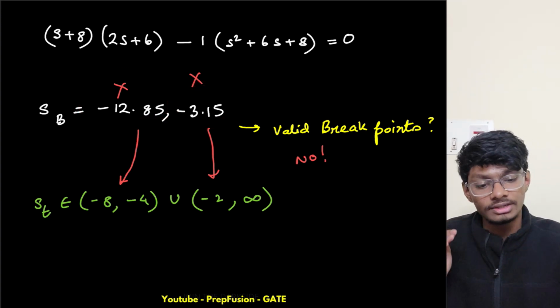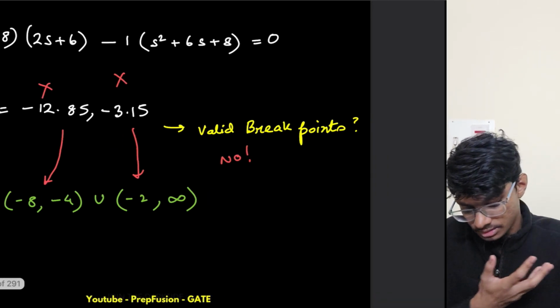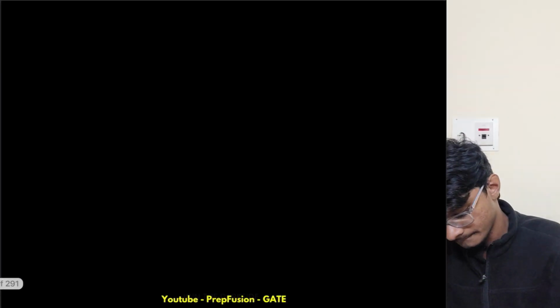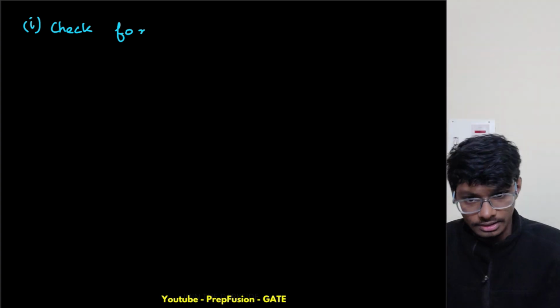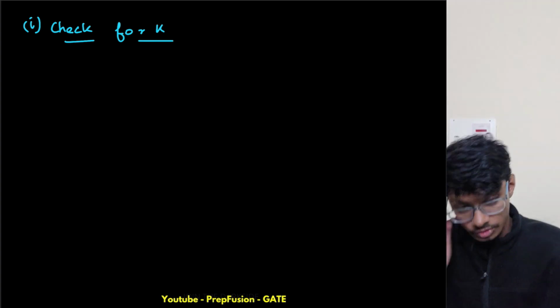Here they weren't. Why? Because if you check for K, I've already written the calculations down, so you do it by yourself.